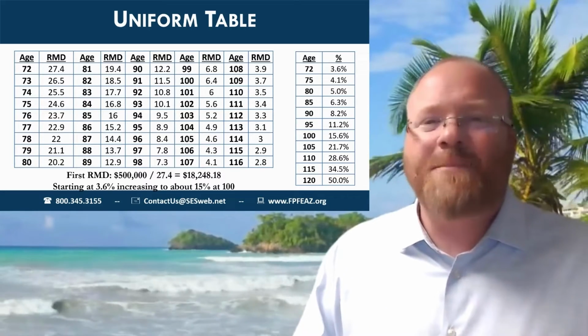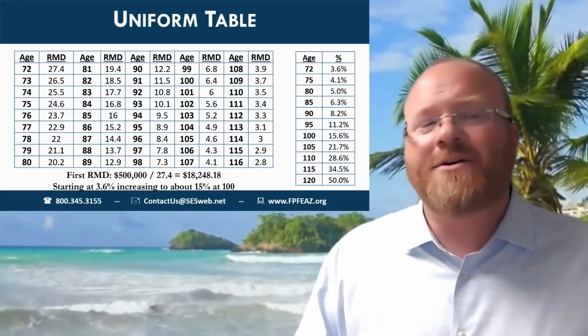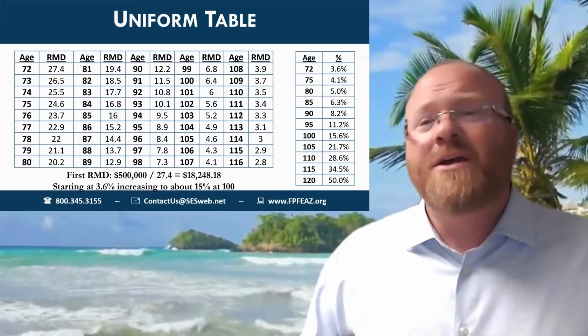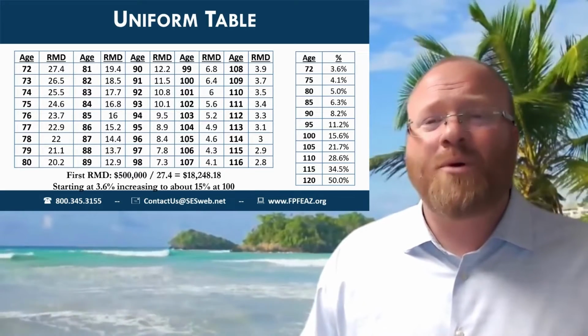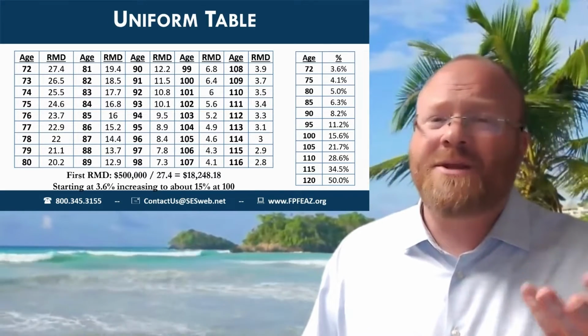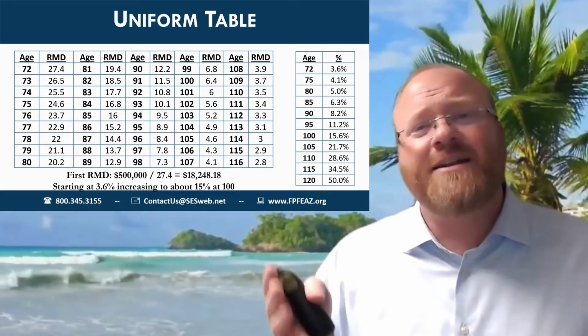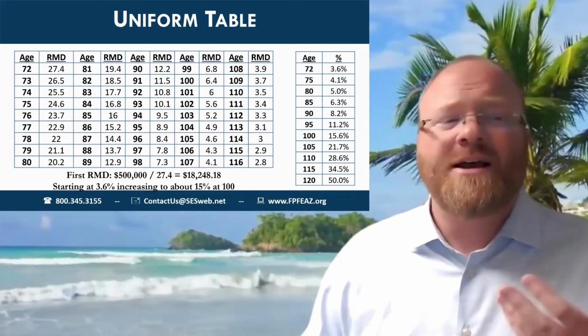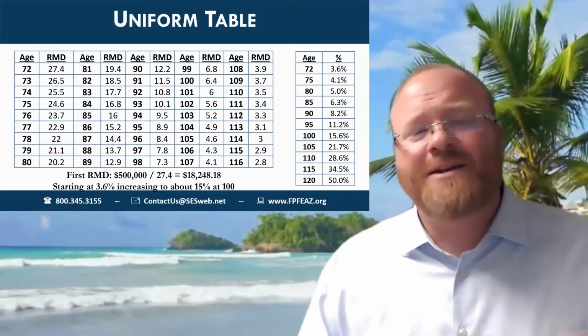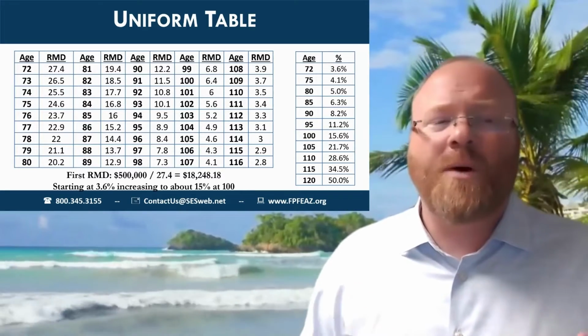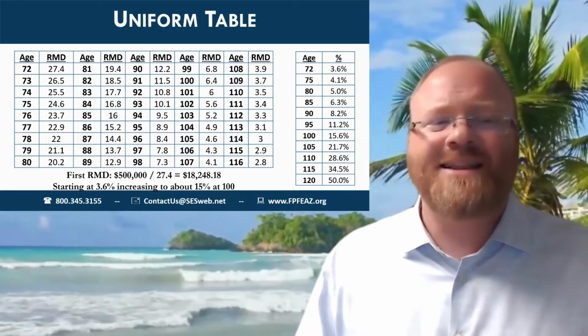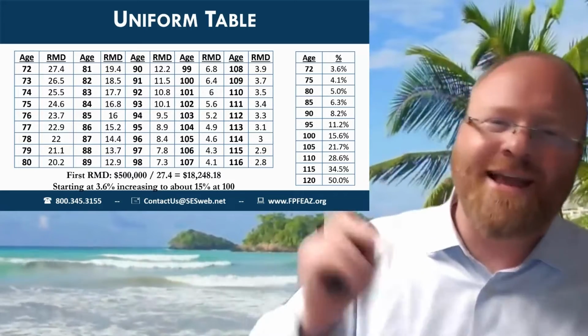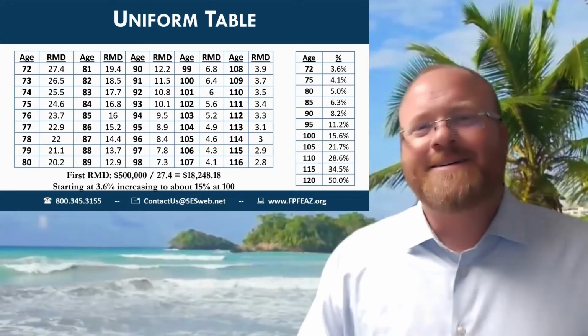So in my example, you have $500,000, you're 72, your divisor is 27.4. Value of your money at the beginning of the year, age at the end of the year, find your divisor, divide 500,000 by 27.4, and your required minimum distribution is $18,248.18.